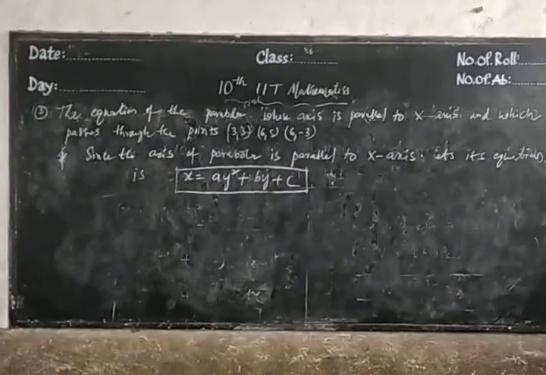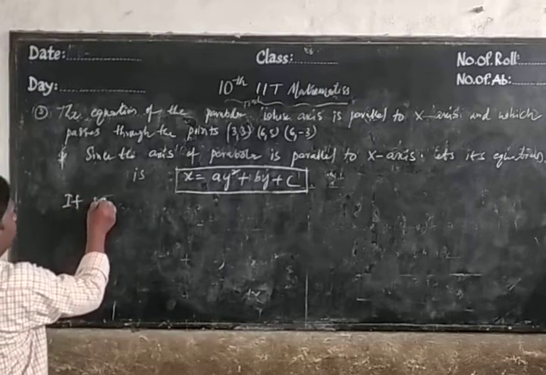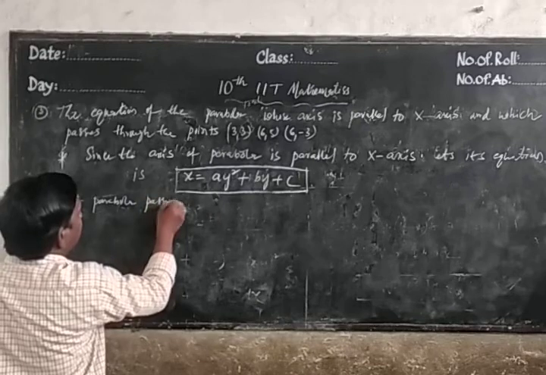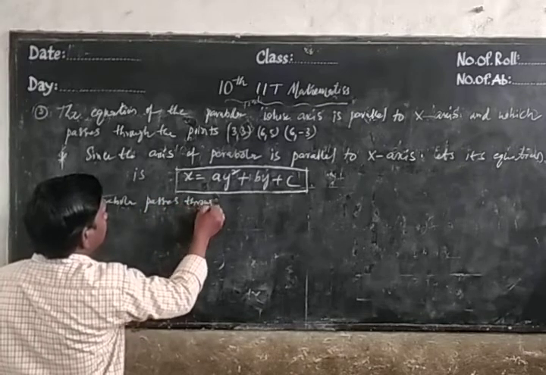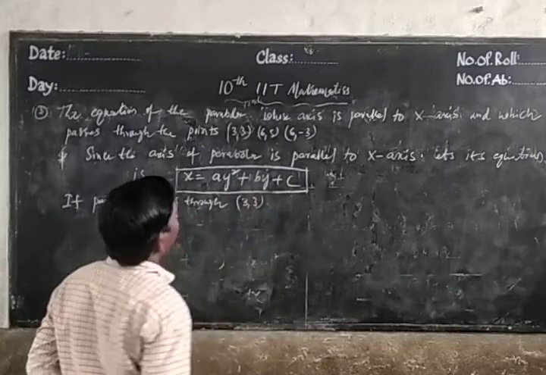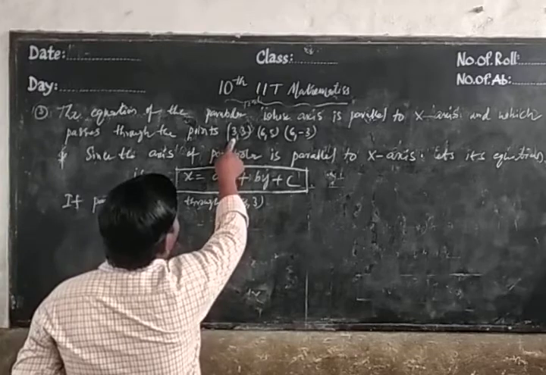If parabola passes through (3, 3), that means x, y.